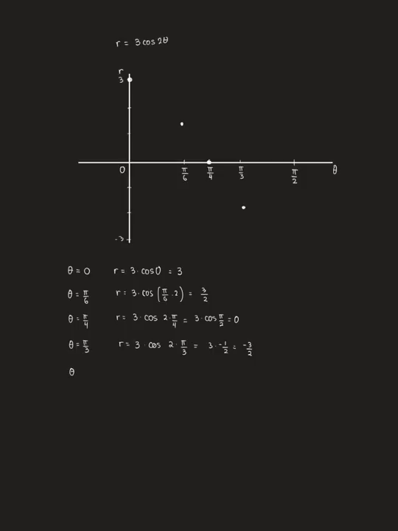And then finally, when theta is pi over 2, we have r equals 3 times the cosine of 2 times pi over 2, or the cosine of pi, which is -1, so that gives me a -3. So we've got something like this. So we can see a little bit of how r is changing as theta is changing.